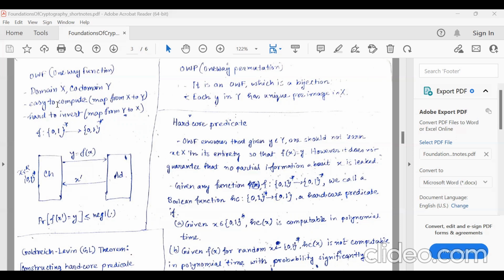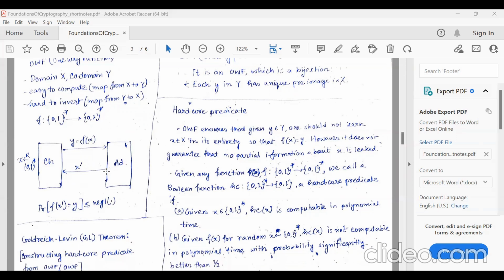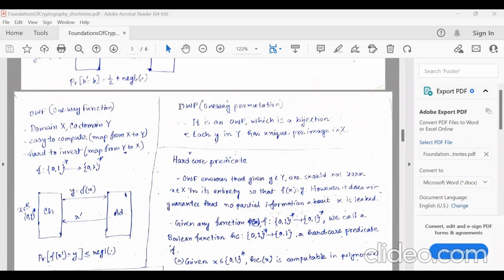So this is the concept of OWF. Now there is a related concept of one-way permutation. If you replace the domain and range in such a way that this function becomes a bijection. Bijection means 1 to 1 and onto.